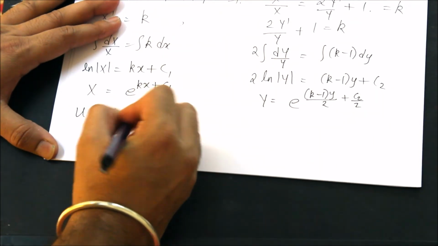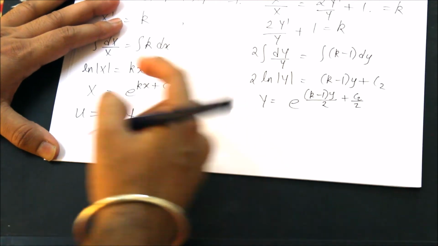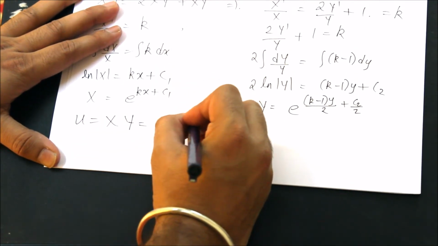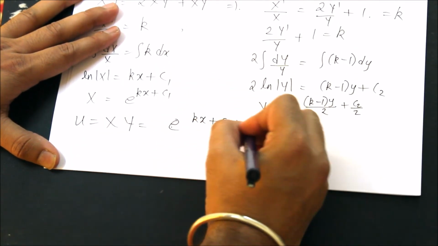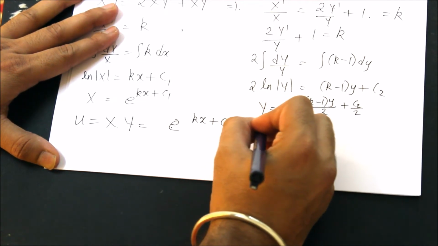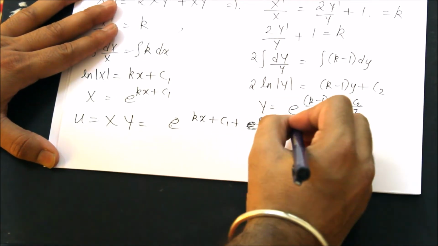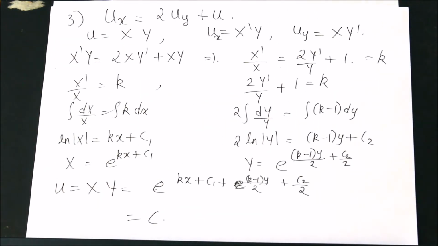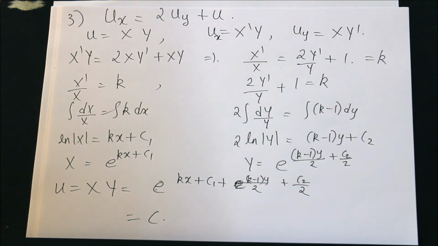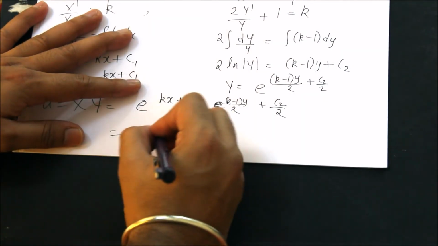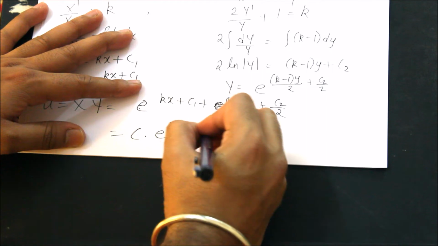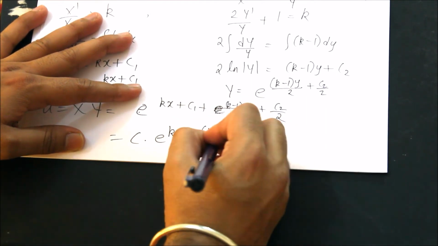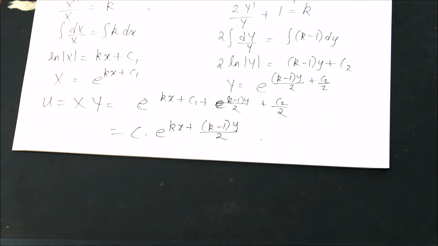Ultimately my u is the product of X and Y. If I take the product, e raised to kx plus c1 plus (k minus 1)y by 2 plus c2 by 2. If I take e raised to c1 plus c2 by 2 as another constant c, I'll be left with c into e raised to kx plus (k minus 1)y by 2. So this is what the solution is.